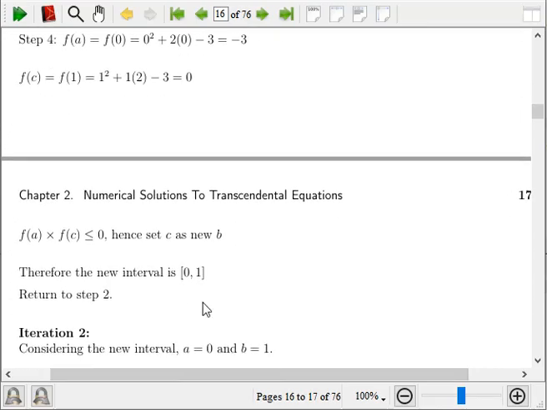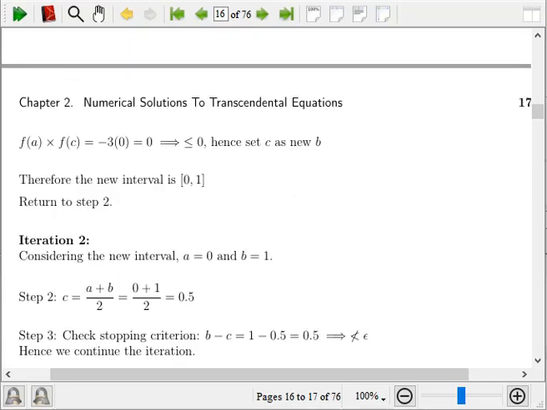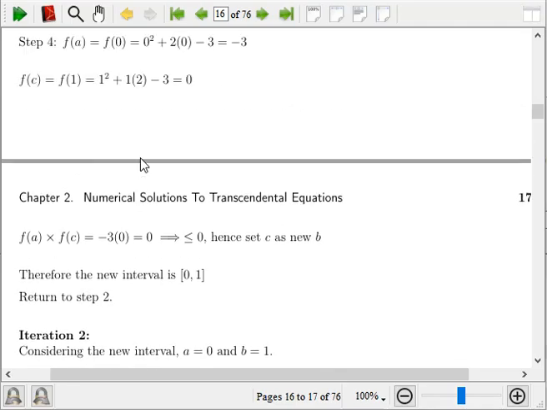So f of a times f of c, what do you see? It is 0. Let me edit it so you can see it properly. I've edited that so that you can easily see.